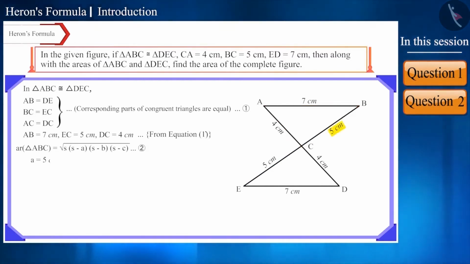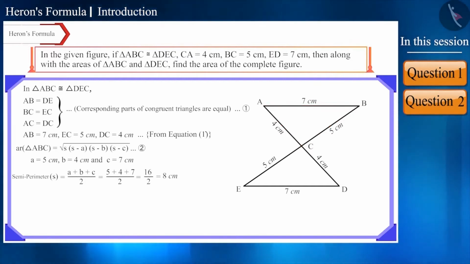Suppose A is equal to 5 cm, B is equal to 4 cm, and C is equal to 7 cm. First of all, we will find the semi-perimeter of the triangle ABC, which will be 8 cm. Now, we will find the values of S minus A, S minus B, and S minus C.